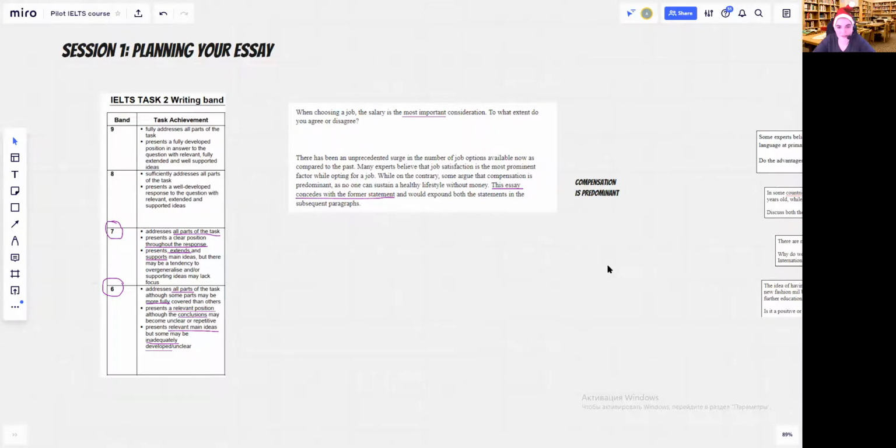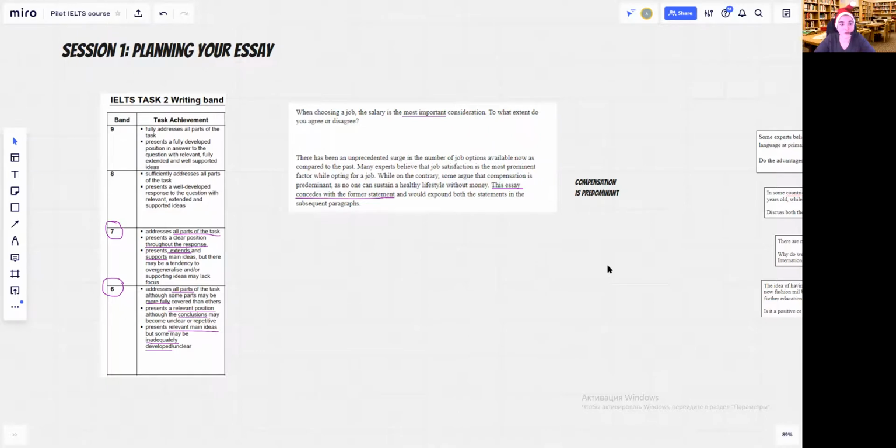Many experts, says the author, believe that job satisfaction is the most prominent factor while opting for a job. While this is true, I would say this is irrelevant. By including this statement in the introduction, the author creates this kind of dichotomy between job satisfaction and financial side of things that is just not there in the task itself. Do you see what I mean?